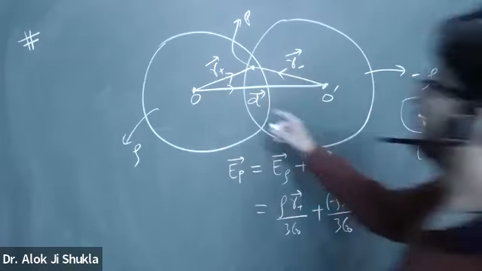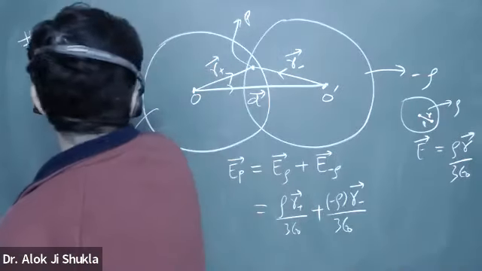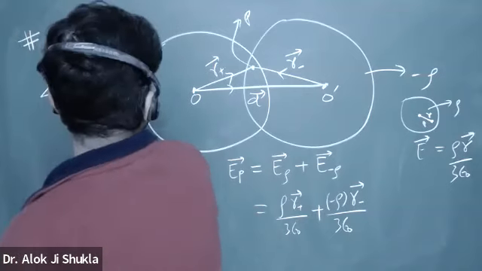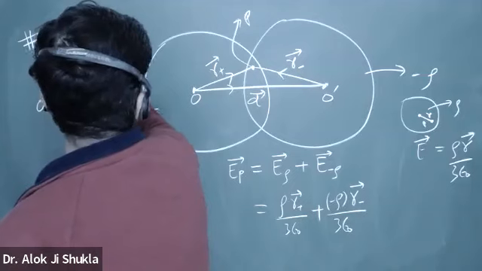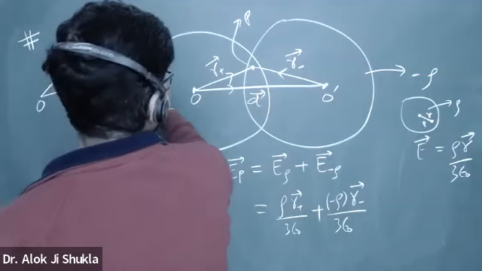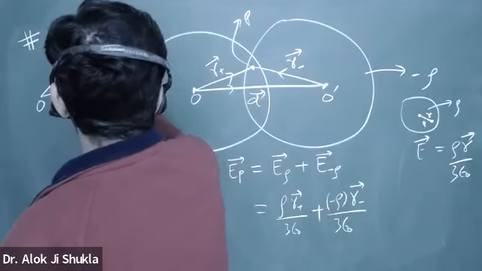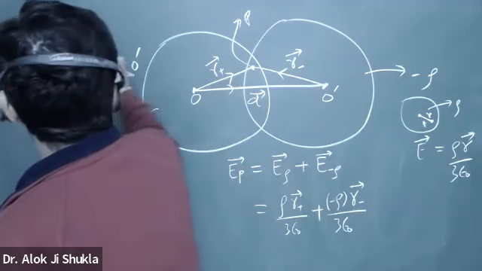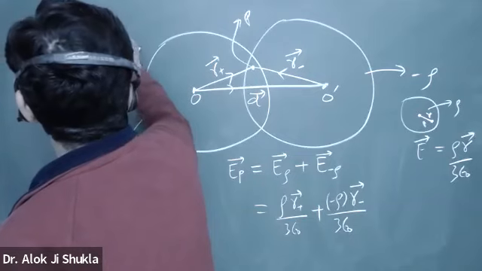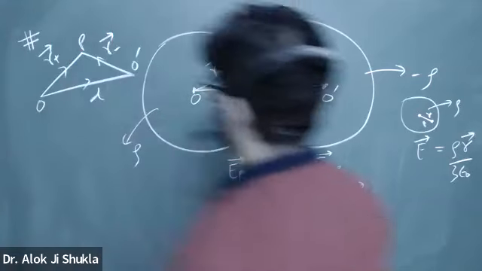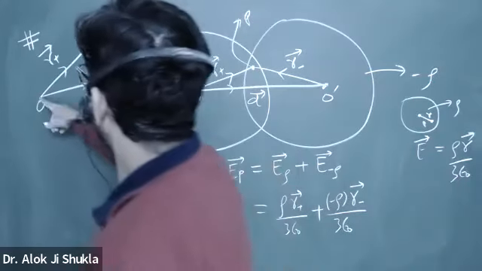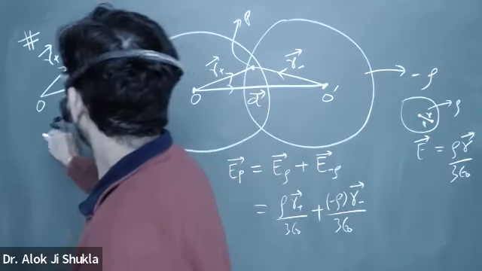Now here in this triangle, this is D, this is O, this is P, and this is O dash. This is R plus, this is R minus. Okay. So if you apply triangle law, tail to head is equal to tail to head.